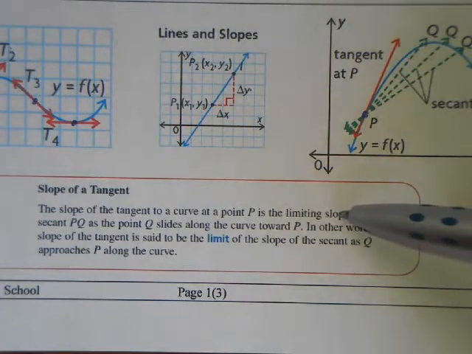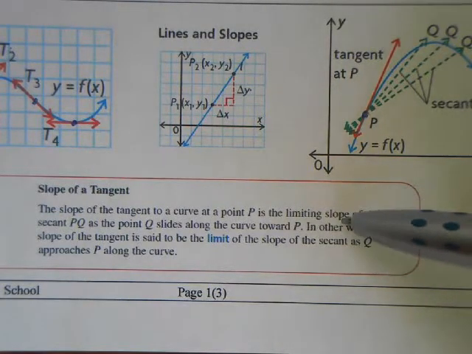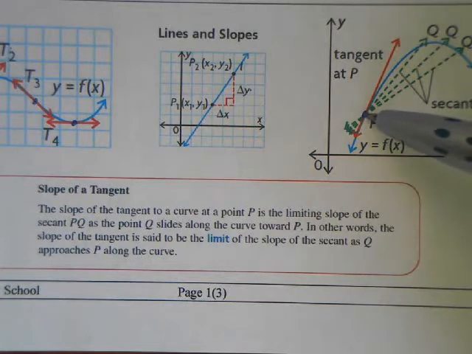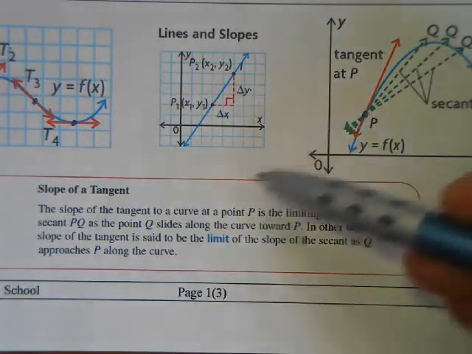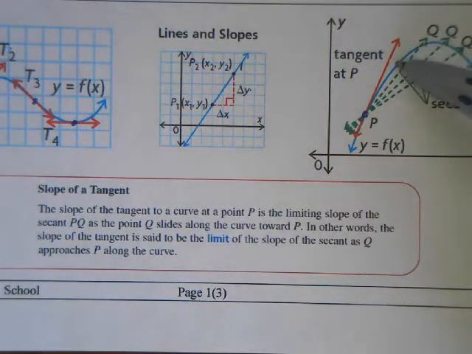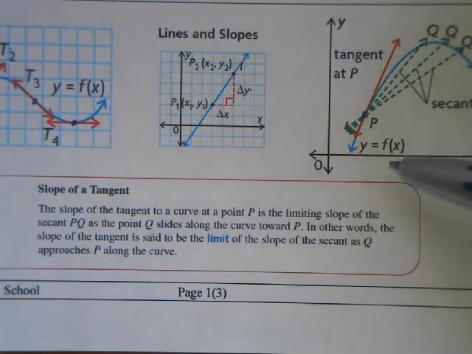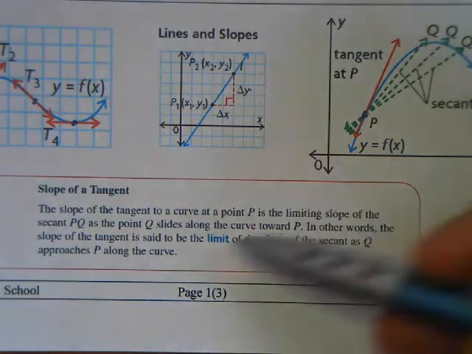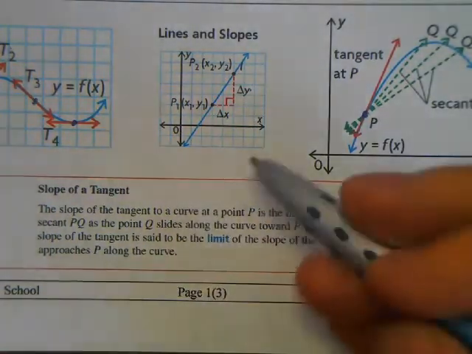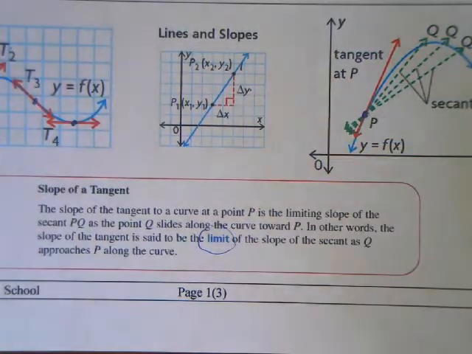So limiting slope means, well, we'll get to that in a second, but it's the slope of the secant PQ as the point Q slides along the curve towards P. In other words, the slope of the tangent is said to be the limit of the slope of the secant as Q approaches P. Okay, so that word limit, we're going to see that a lot.